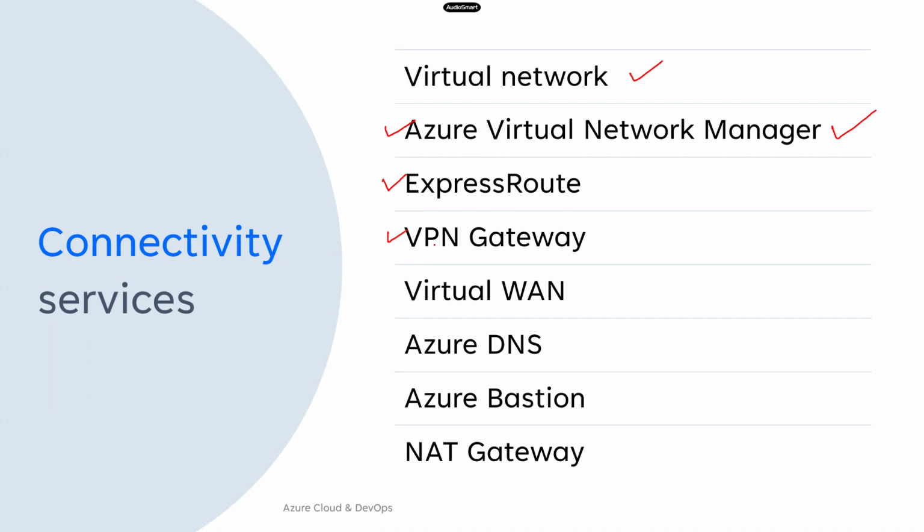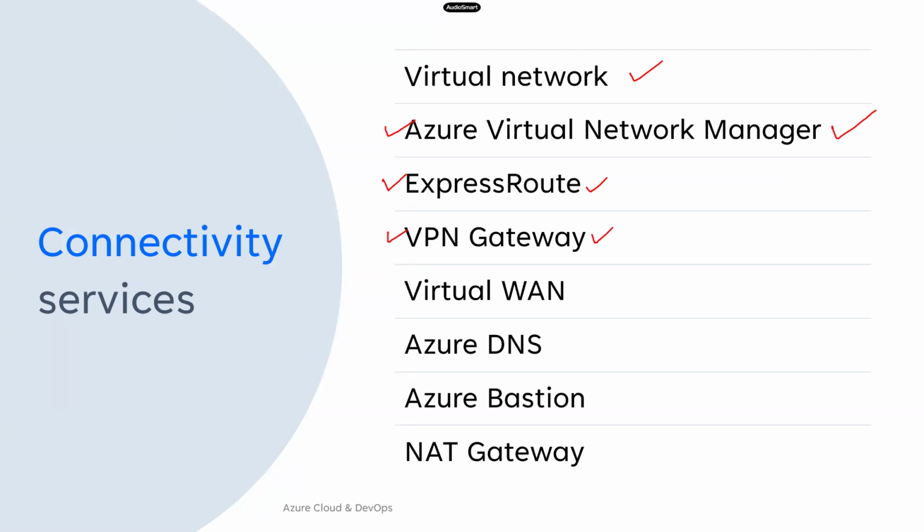So it will be helpful for establishing different connections. These two are mainly for establishing connection with on-premises. If we have an office, we can configure either one of these two services, or a combination, so that we can establish the connection between on-premises and the cloud.